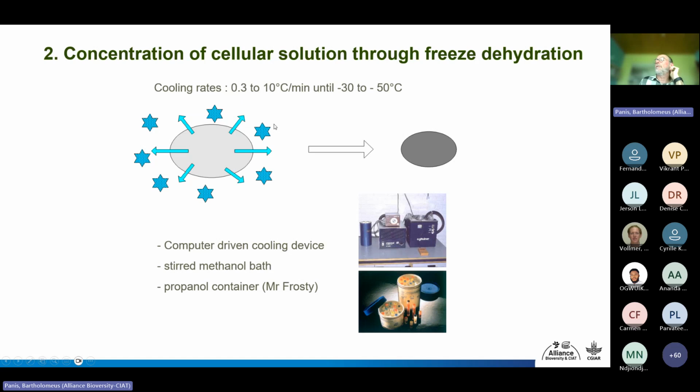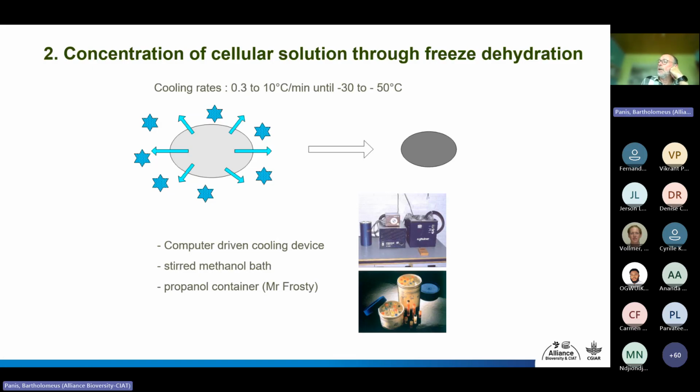So this is what we call freeze dehydration. The more you lower the temperature, the more water is leaving the cells. And finally, at, for example, minus 30 or minus 50 degrees, slow freezing, you have a concentrated cell that when you plunge this in liquid nitrogen will vitrify and not form ice crystals.